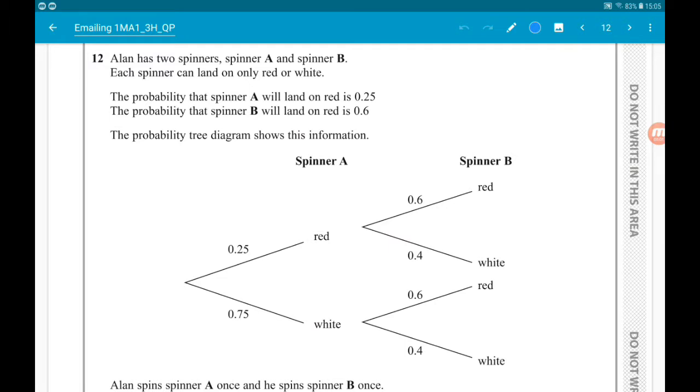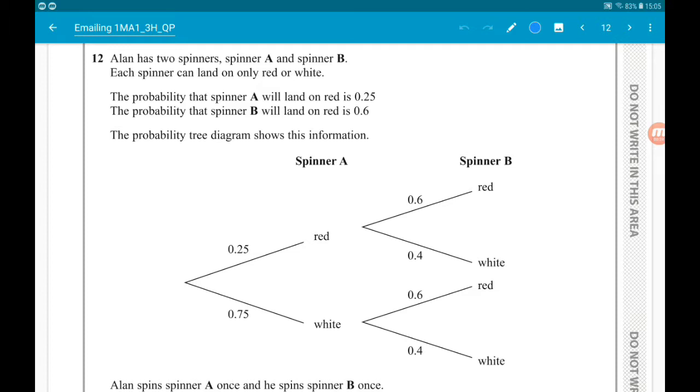I am loving it on this paper. So, Alan has 2 spinners, spinner A and spinner B. Each spinner can land on only red or white. So the probability that spinner A will land on red is 0.25.